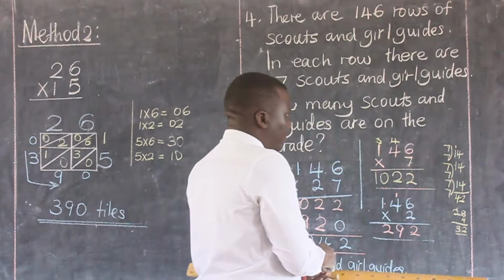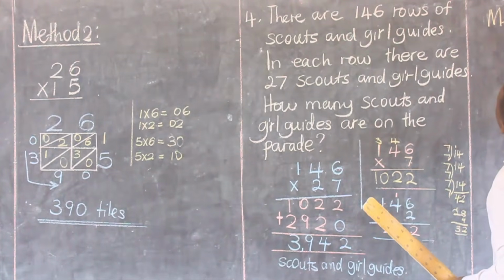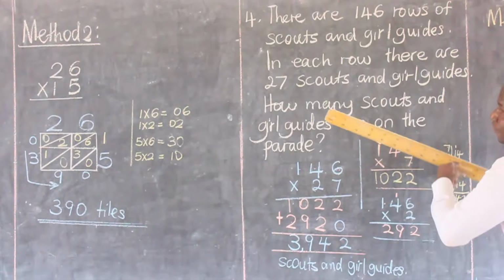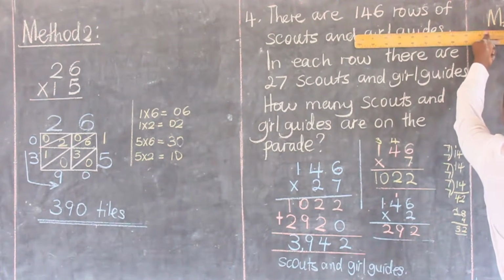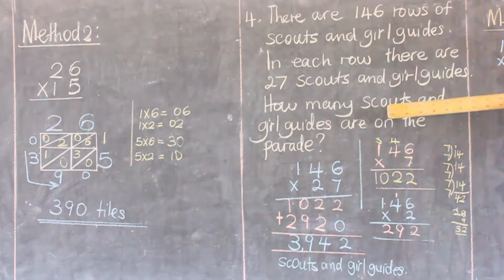Now, children, in our method 2, this is what you are going to do. You have 146 times 27, okay?